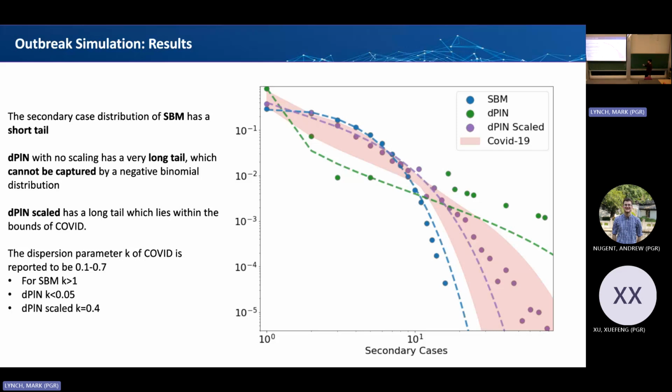So that's not really accurate to the real world either, because most of these diseases are captured by a negative binomial distribution. And then when we scale by the duration of a contact, we get a K of 0.4, which is within our error bounds for COVID, which is kind of what we wanted. It kind of accidentally came out of our modeling approach, and it worked quite well.